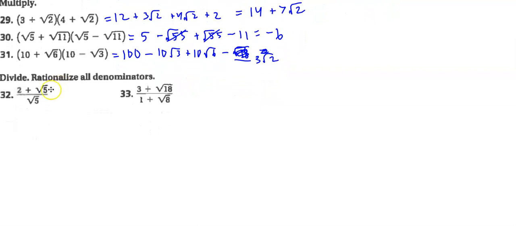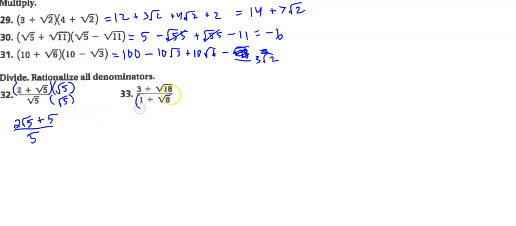Rationalize all denominators. This one's not bad. Make sure you know that the top is in parentheses. You're going to multiply by square root of 5 over square root of 5. So the denominator doesn't go away, but it's 5 now. I like that. Multiply that in the numerator, you get 2 root 5 plus 5. That's nice.